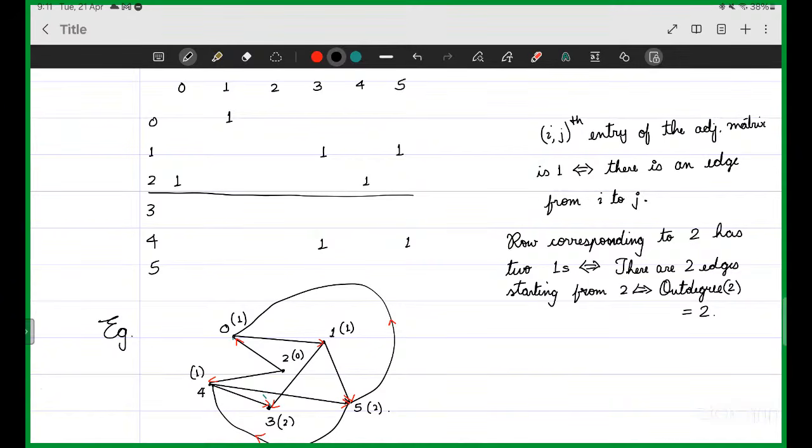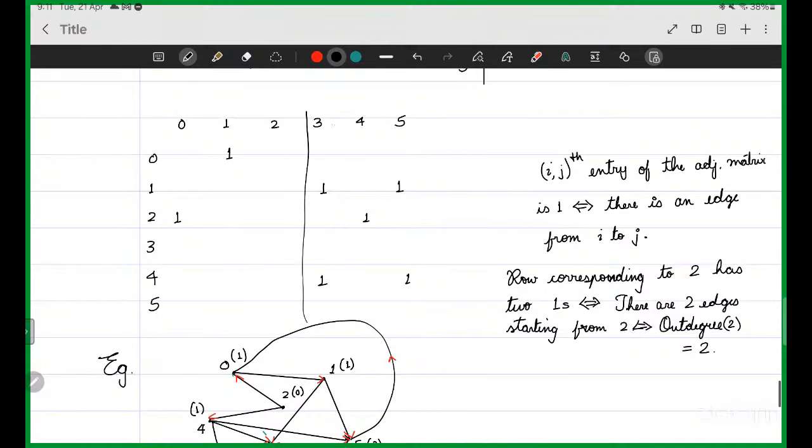Yes. Now the same thing, if I look at columns, what happens? Suppose I focus on this column 3. What are the coordinates of the entries in that column? Here we said that these are of the form 2 comma j, right? So if I look at a column, what are the entries over there? i comma 3.